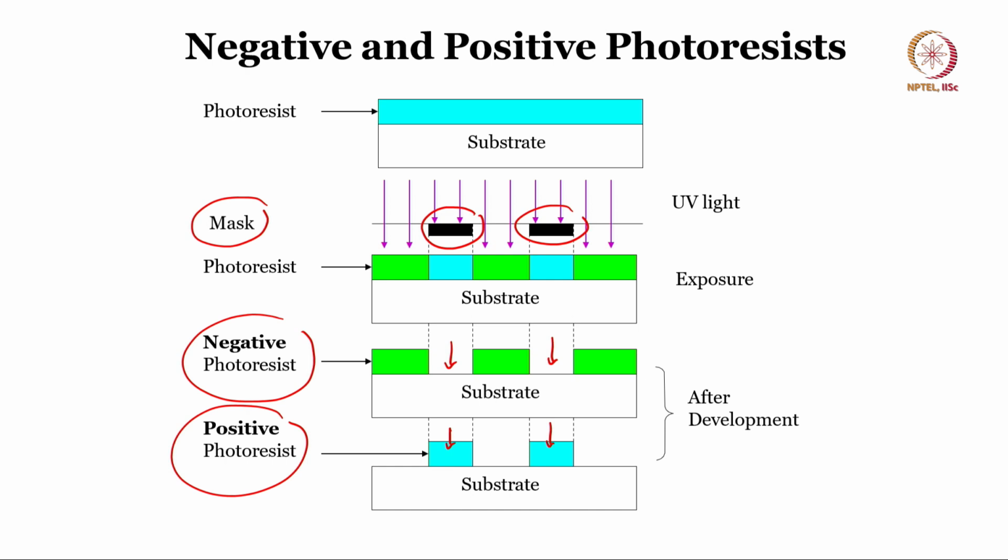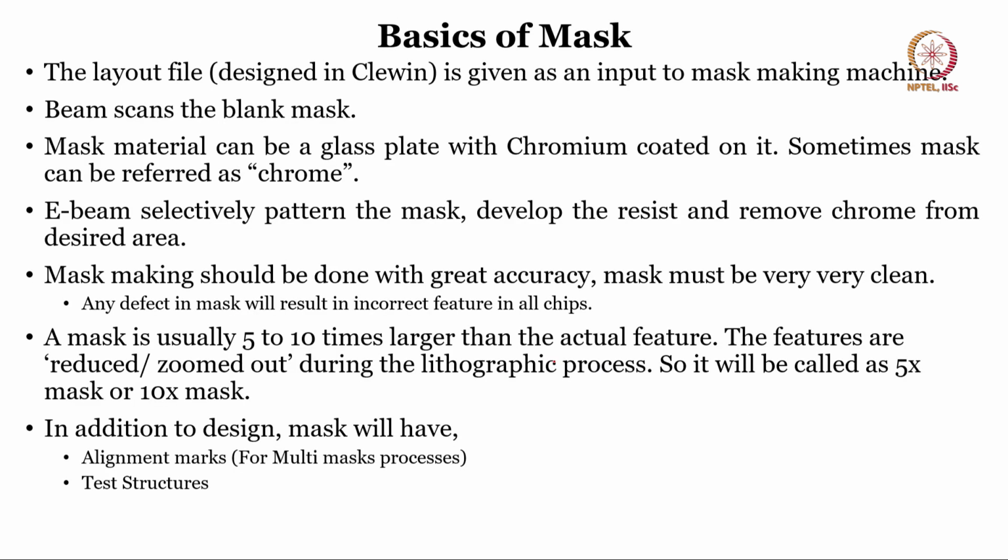In another way, for the negative photoresist, the area which is exposed will get stronger, the area which is not exposed will get weaker. For positive photoresist, the area which is exposed will get weaker, the area which is not exposed will get stronger. Okay.